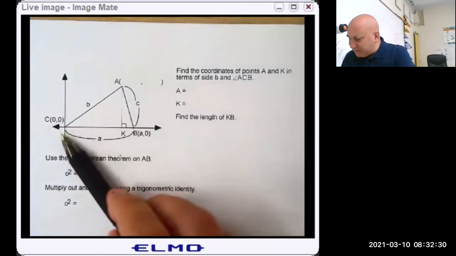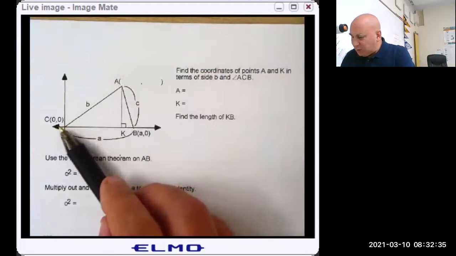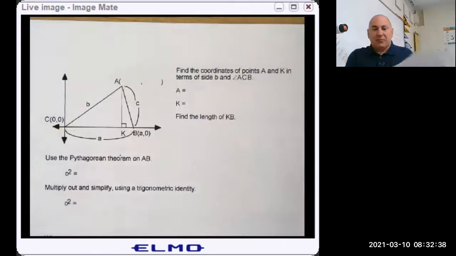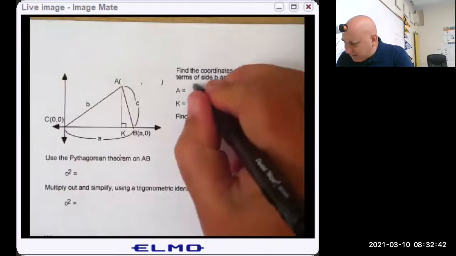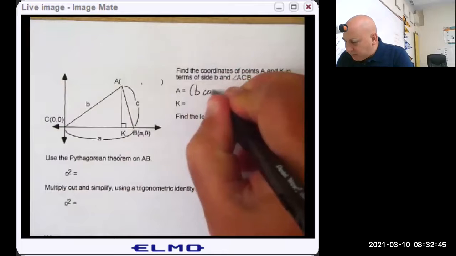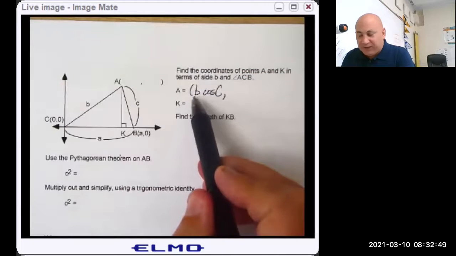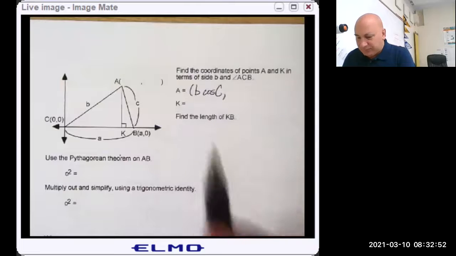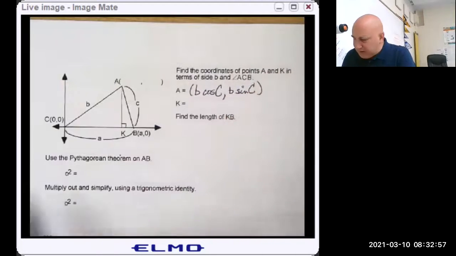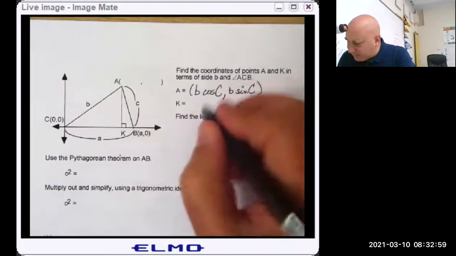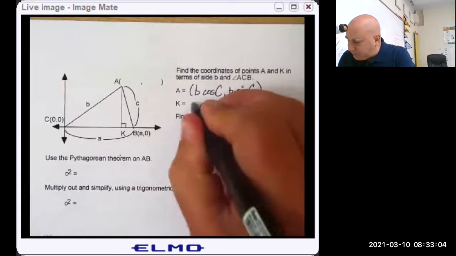So all we have now is this is A, this is B, this is C, and that coordinate is 0, 0. So the coordinates of point A are b cosine C, and again, notice we use a lowercase letter for the length, uppercase letter for the angle, b sine C. And point K is b cosine C, 0.